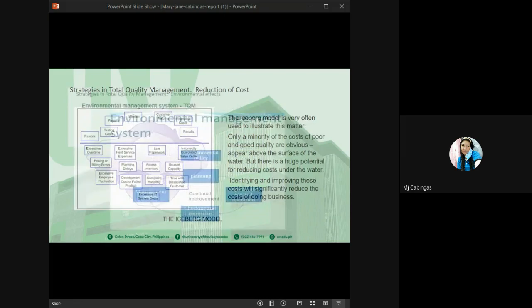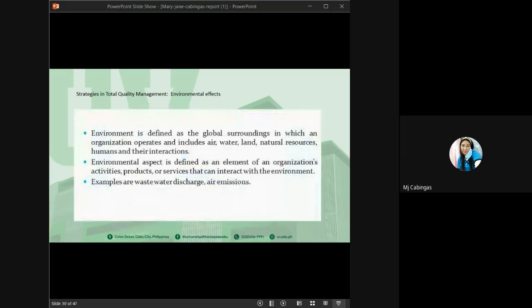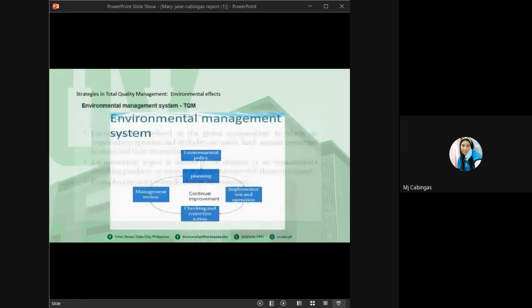So I have here ang next kay environmental management, environmental effects. So environmental management system, naa koy diagram diha na environmental policy. So ang sunod ana kay planning, dayon implementing, dayon checking and corrective actions, and then management review. So mao na siya ang kuan sa environmental management system.